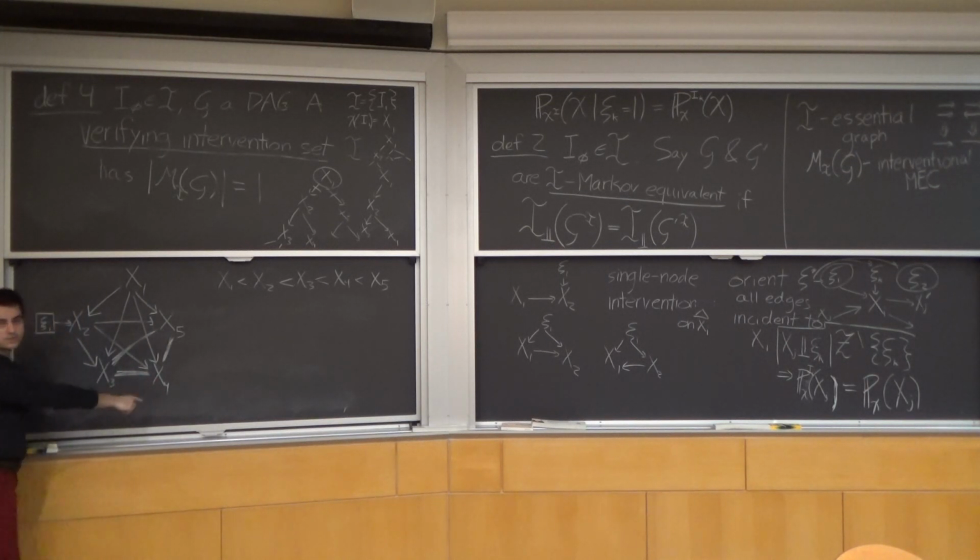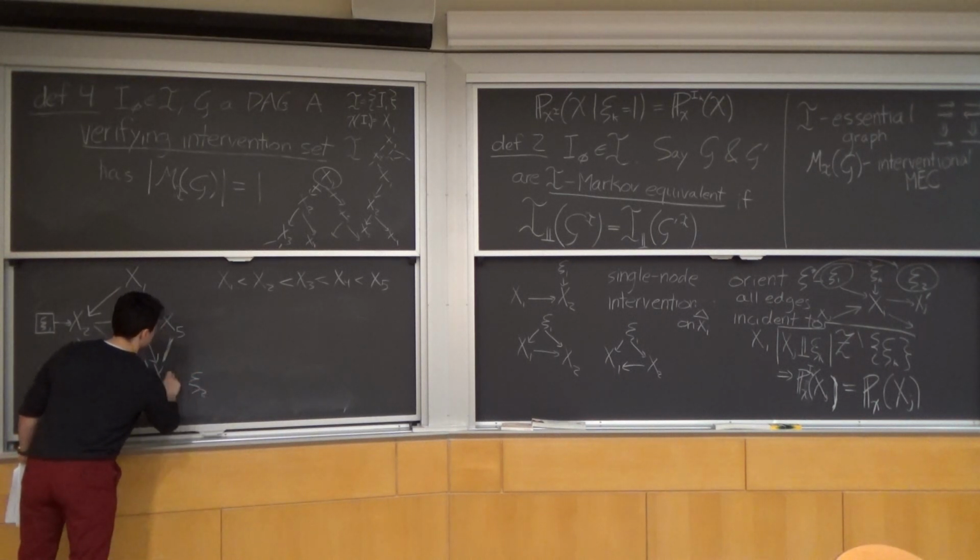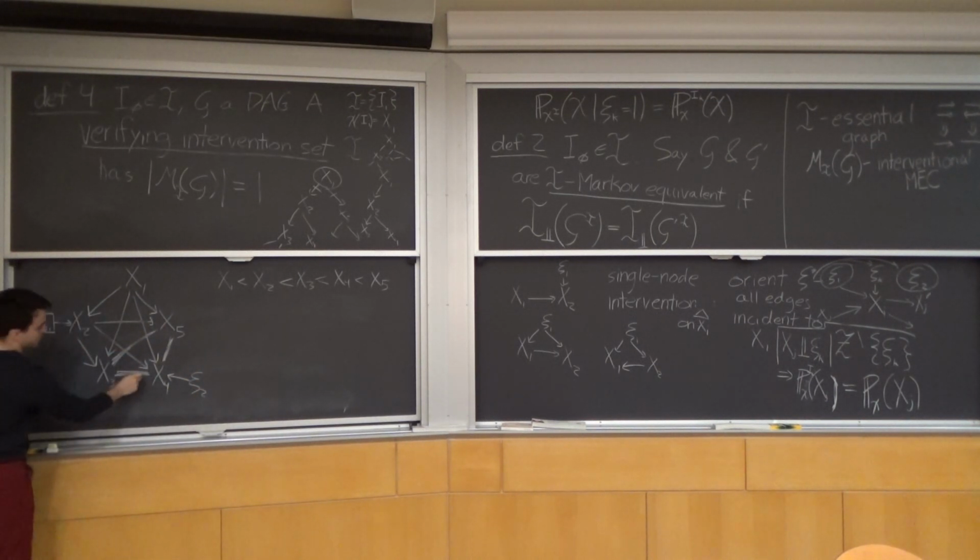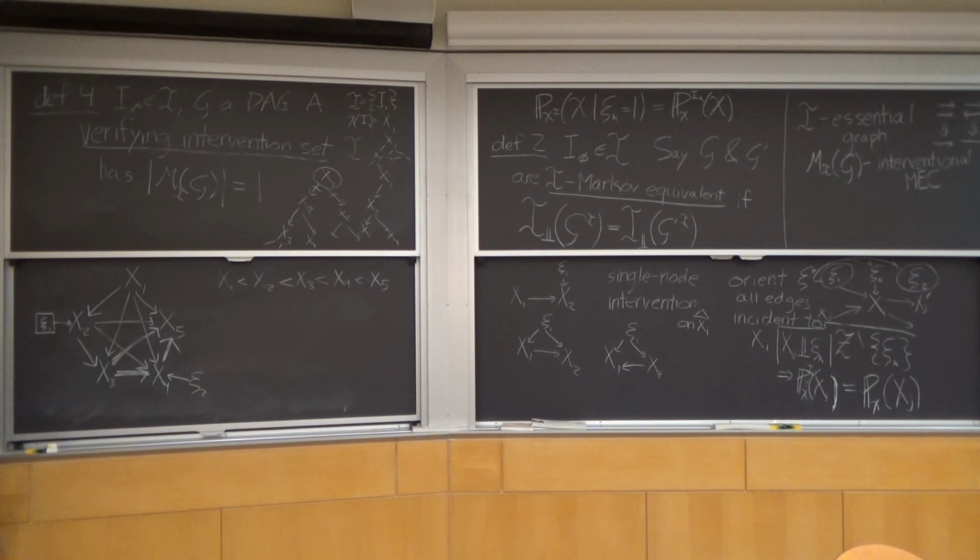And it suffices actually to just do another single node intervention on x4. So if we do that, then we would get the edge coming in here, the edge going out there, and then this edge would be oriented again by acyclicity.